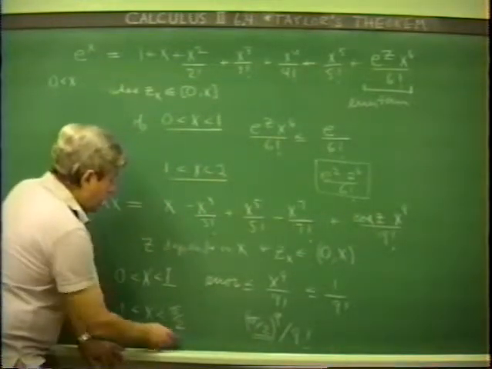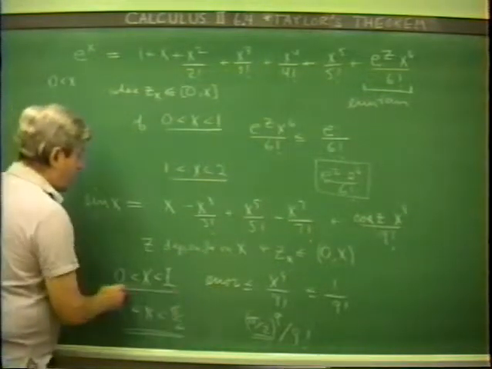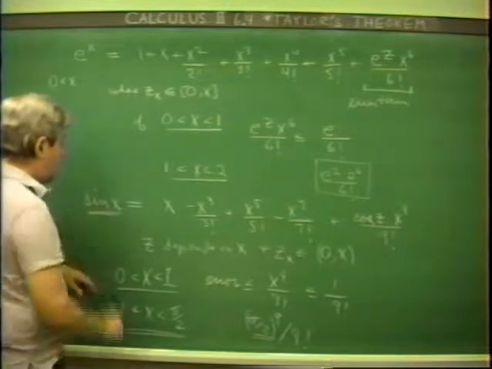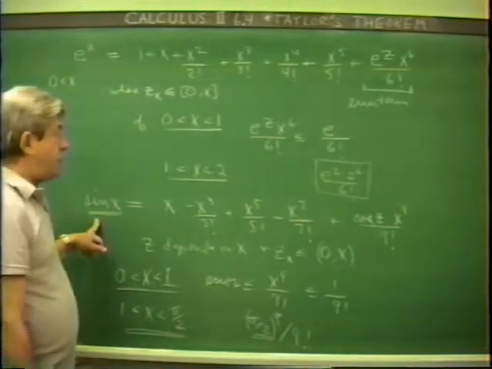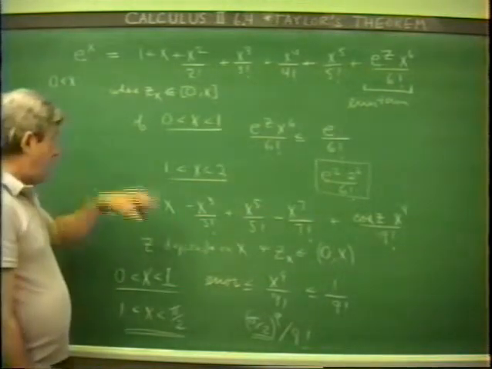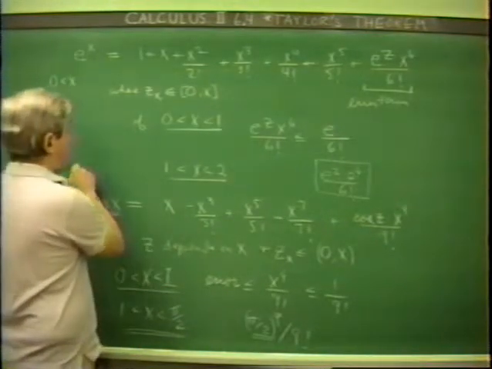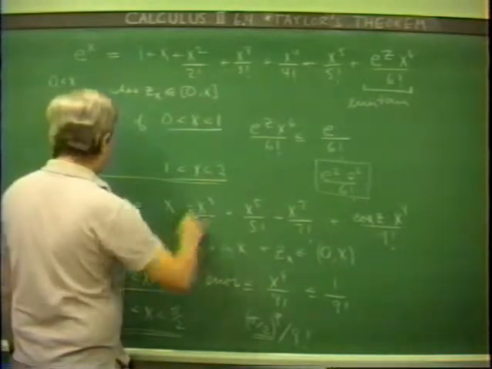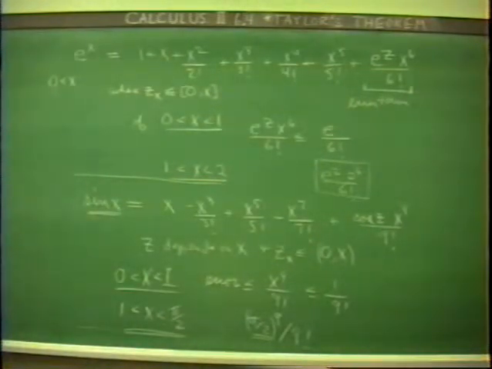And so the error is not particularly good here if we look at x's between 1 and pi over 2. So for x between 0 and 1, approximating sine x this way might be a very good thing to do. For other x's, you might wish to use some sort of different method if you're looking for a numerical value gotten by computations. Right. So Taylor's theorem and the remainder for e to the x and for sine x.